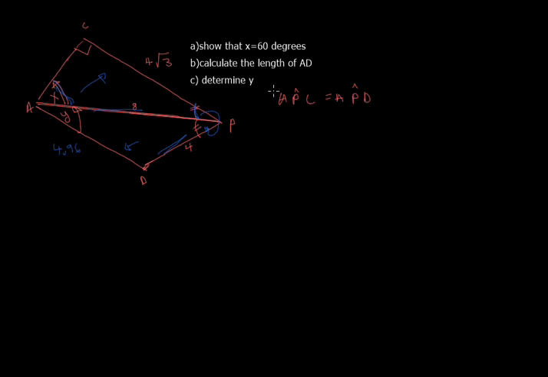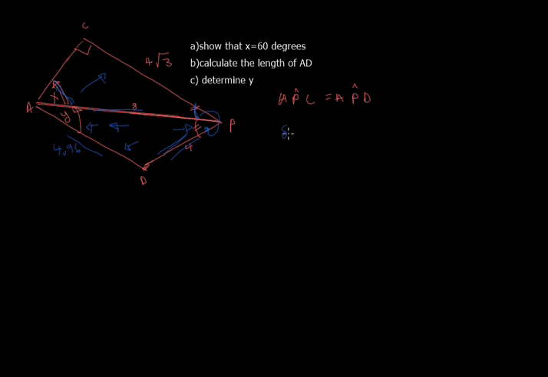For part C, we are told to find the value of y, which is the angle in triangle APD. So let's use the sine rule because we have an angle, and we're looking for an angle between two sides that oppose those angles.